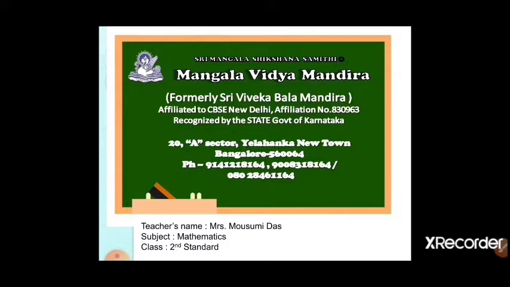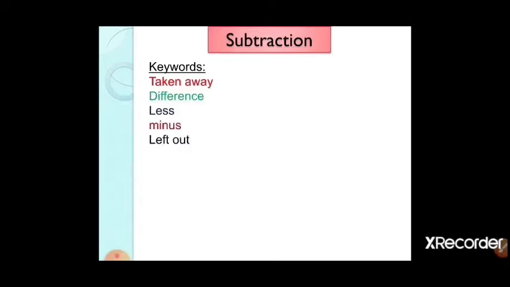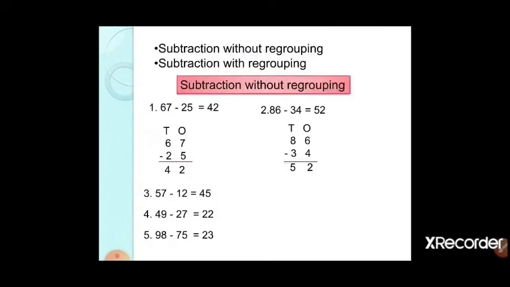Already you have learned the previous lesson, addition, and we have completed the problems of addition and a just introduction about subtraction. In that we know that subtraction-related keywords are taken away, difference, less, minus, left out.